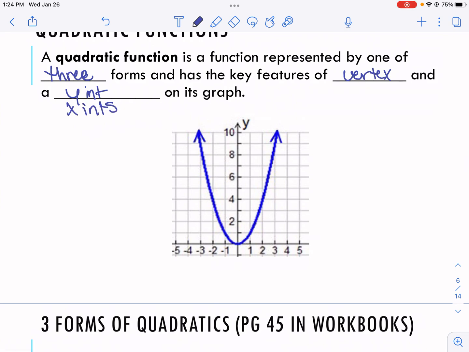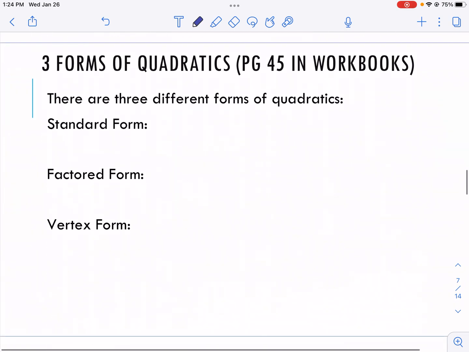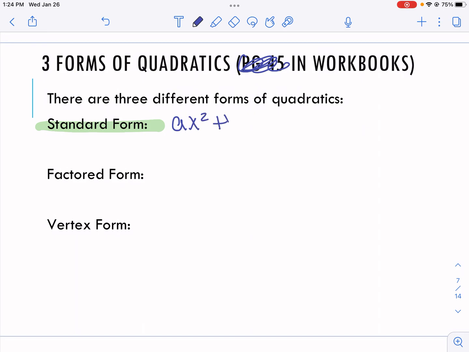We're going to write them down in our notebook. So standard form, this is the most basic one that we're looking at, is y equals ax squared plus bx plus c. The key feature we get from here is (0, c), the y-intercept.